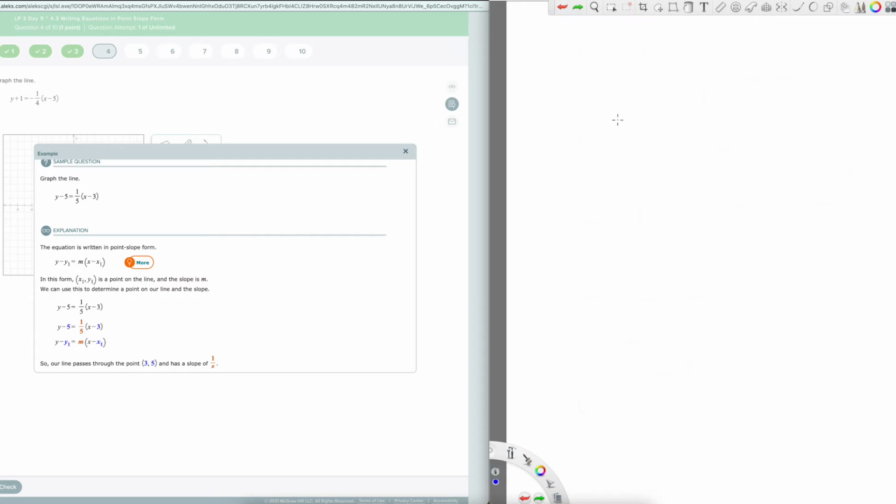Okay, so this is now point slope. So hopefully we understand we're going to be given a point and we're going to be given a slope. They very obviously named these two equations, right?